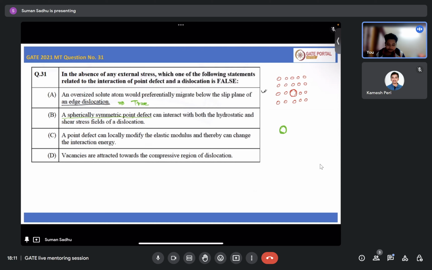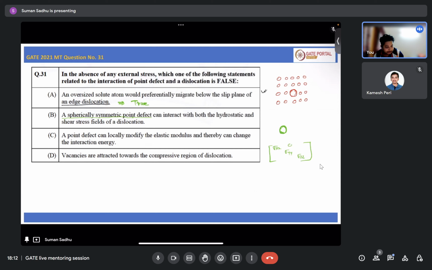So if you insert any spherical solute atom, it will distort the matrix in all directions in a similar fashion. That's why in the surrounding area it will only develop the hydrostatic component of stress. In three dimensions, you have sigma xx, sigma yy, and sigma zz.